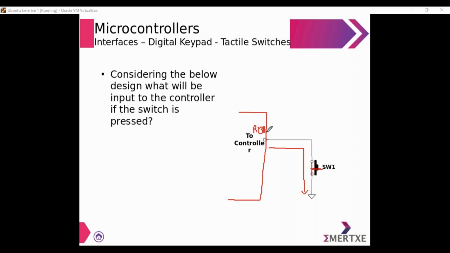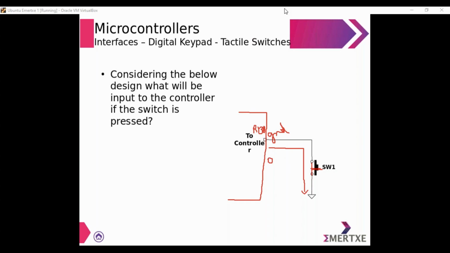So at this pin of the microcontroller, you will be identifying a ground. So remember, ground is always represented digitally as 0. So if the switch is pressed, current from the microcontroller flows to the ground, and you will be able to read a 0 at the pin of the microcontroller.